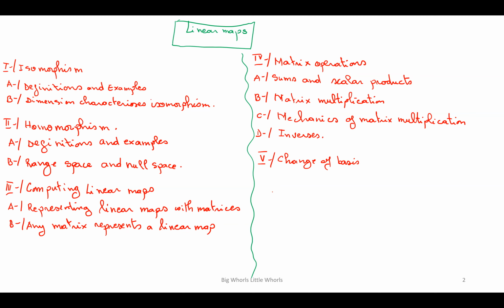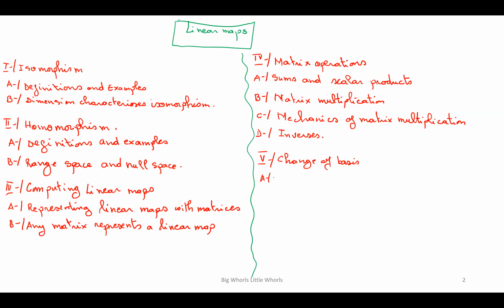Or even if we want to change a matrix from one basis to another basis, what is the matrix that allows us to do that. Bear with me, and I will go into depth of those concepts shortly.